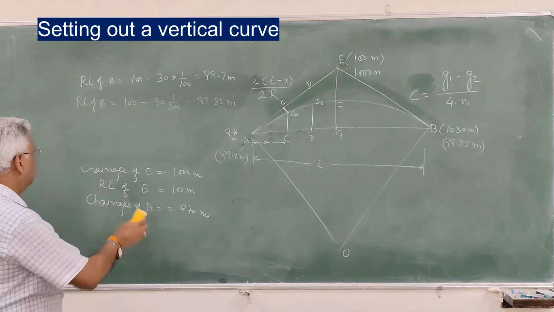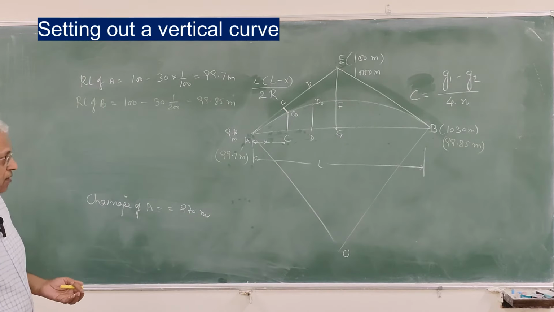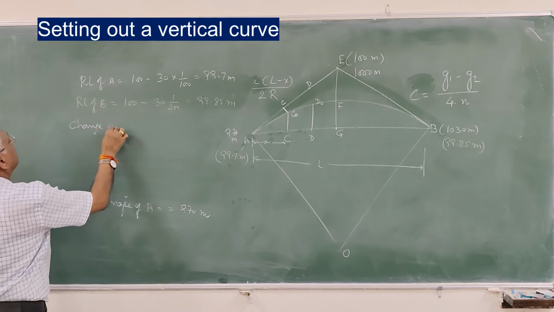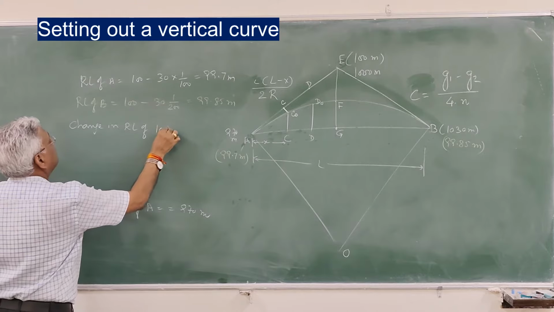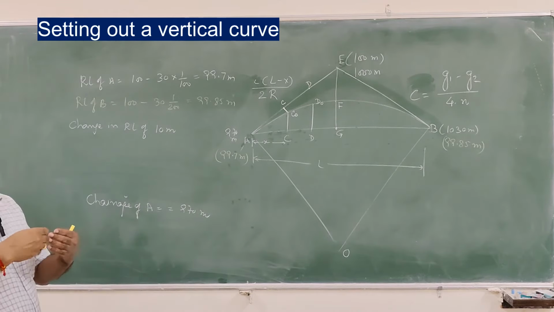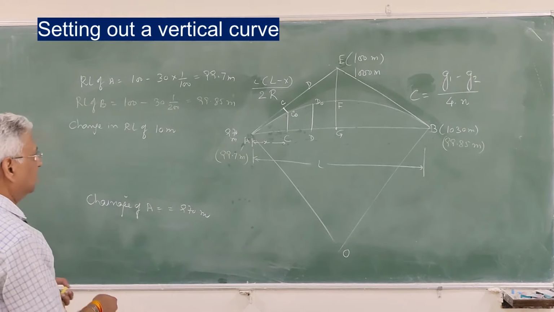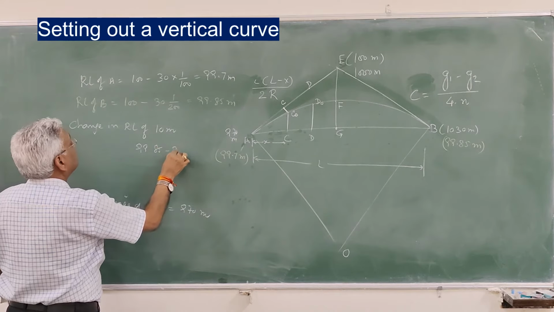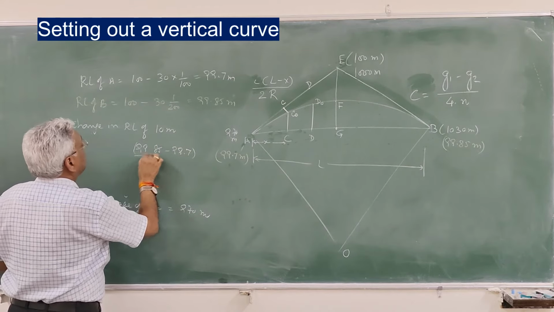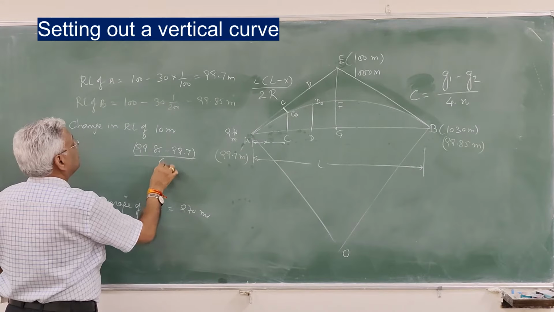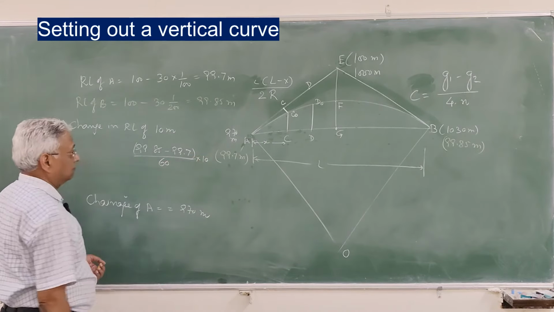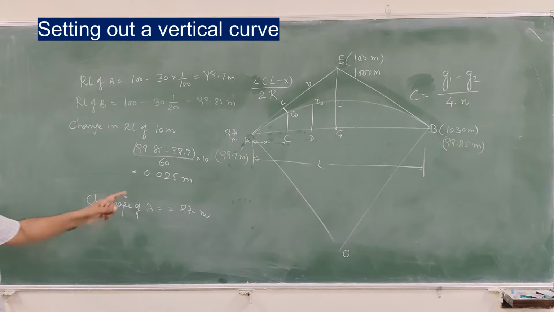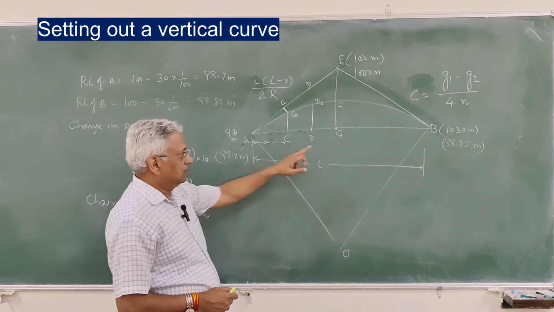So change in the RL for 10 meter length, because we have to draw offset at every 10 meter, will be 99.85 minus 99.7 divided by 60 into 10, 0.025 meter. Now, this is lower, this is higher.